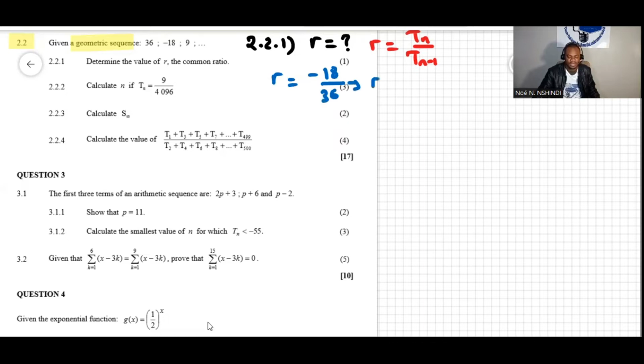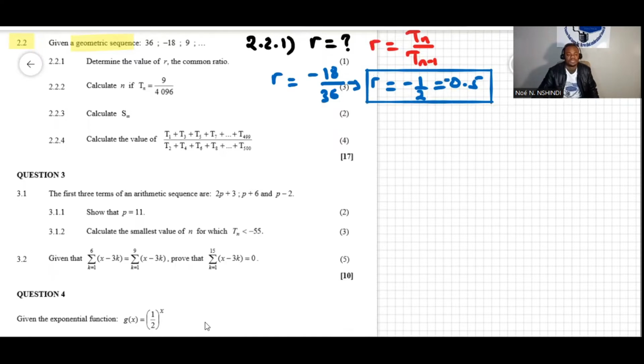That means R will be equal to -1/2 or -0.5.